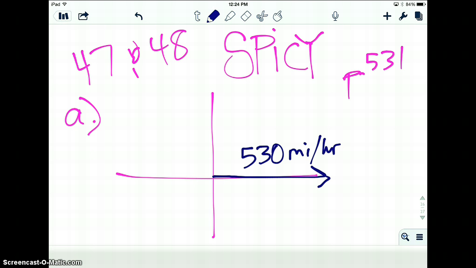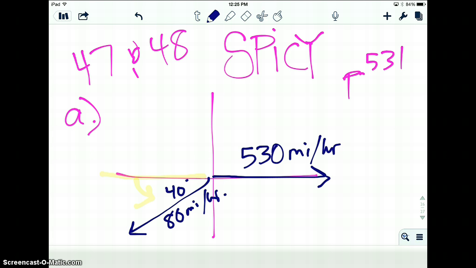And then the wind is 80 miles per hour, blowing 40 degrees south of west. So here is my west. I need to go south of that, 40 degrees this way. And this vector is 80 miles per hour. So there's part A. I've just sketched them.